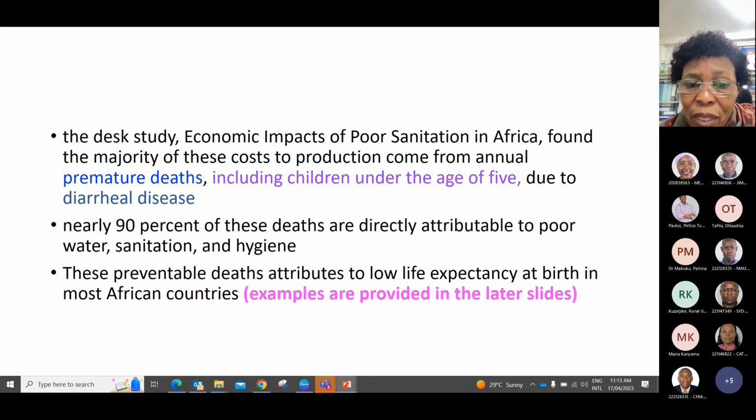And the premature deaths come from what we call in demography life expectancy. Each country has an estimated life expectancy at birth. For instance, if you're born in Tanzania in 2023, other variables being constant, you are expected at birth to live X years.